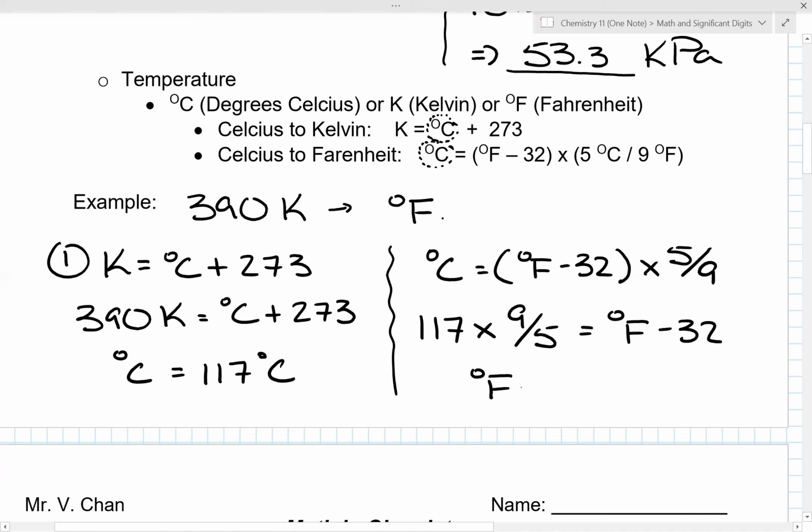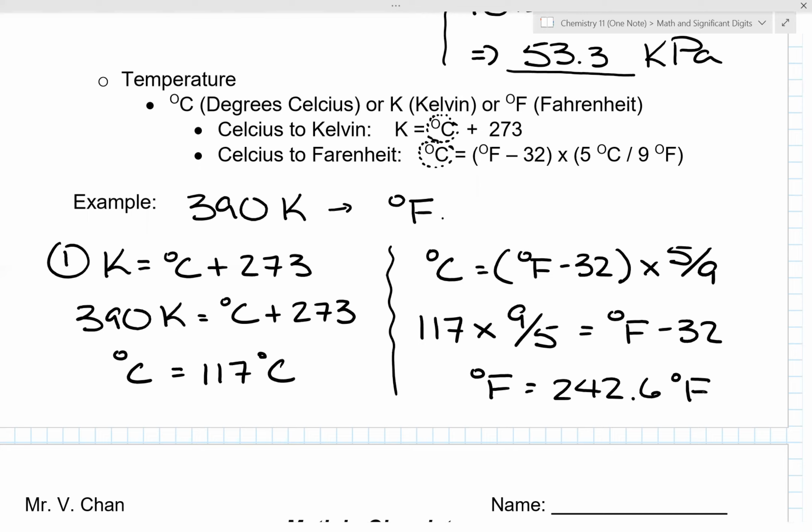The degrees Fahrenheit would be, let me see, 117 times 9 divided by 5 and 32. So that would be 242.6 degrees Fahrenheit.